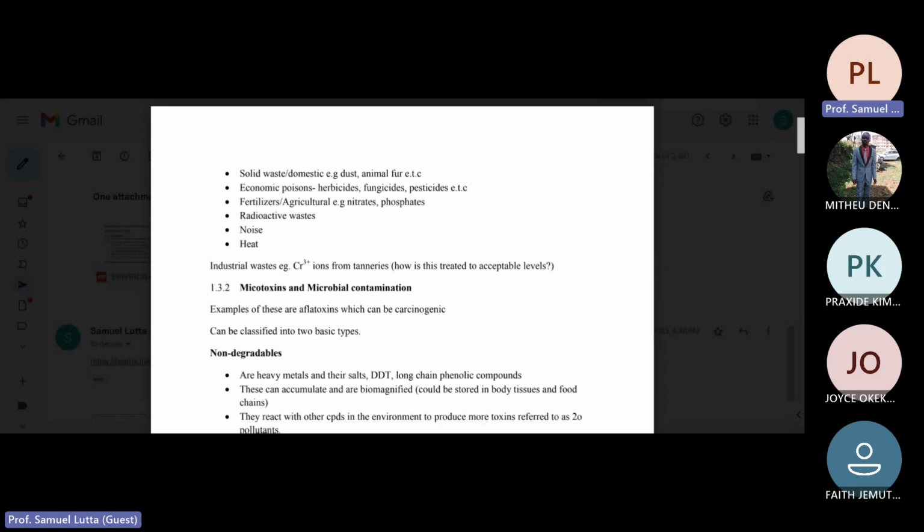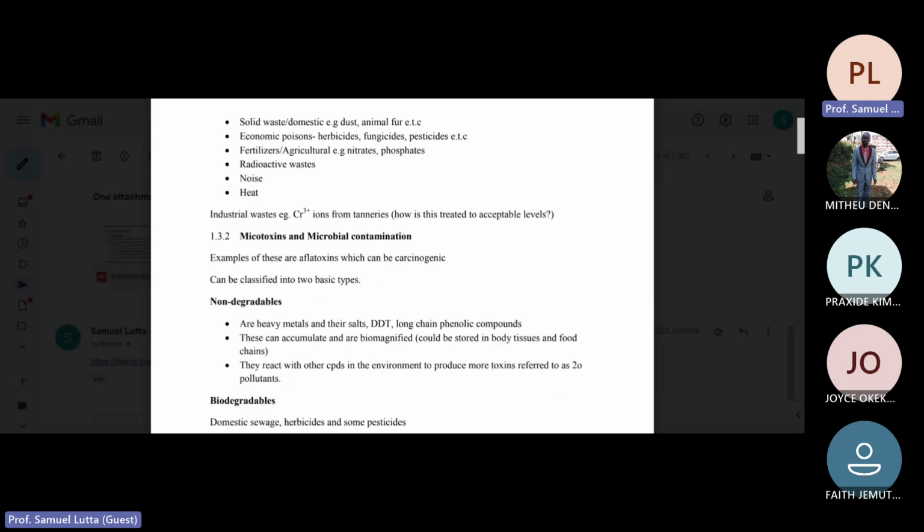So for the industrial waste, we talked about things like chromium, which are used in tanneries for coloring. And then we also have some microbial contaminants. You have heard about aflatoxins and so on. When you don't store maize properly, they normally get infected by this, and some of these things are carcinogenic.